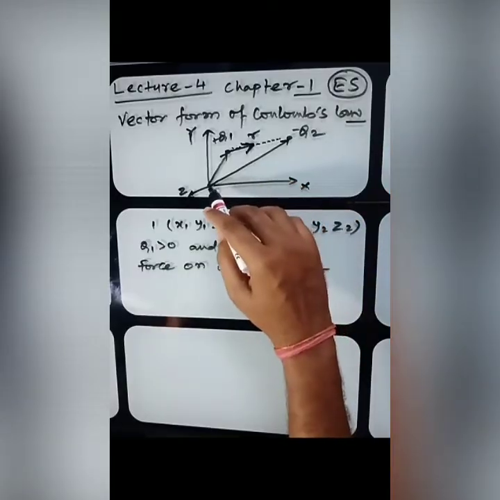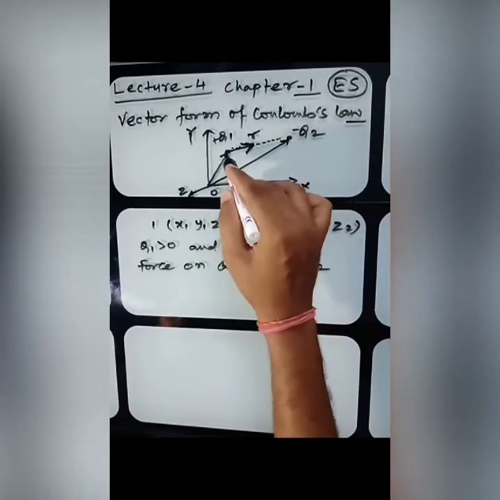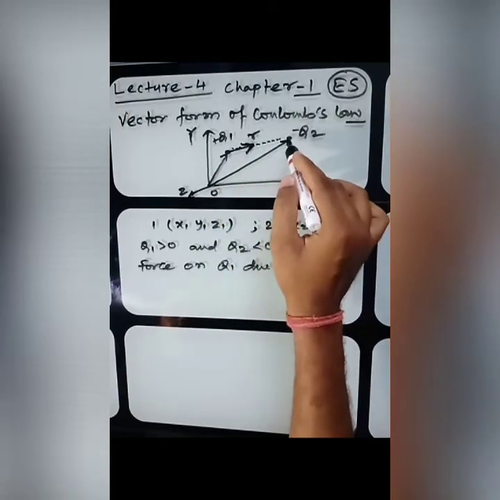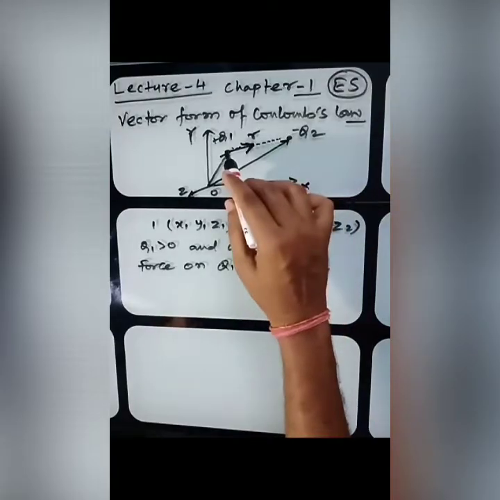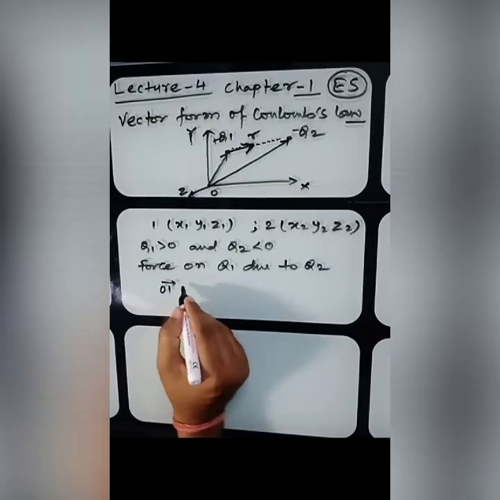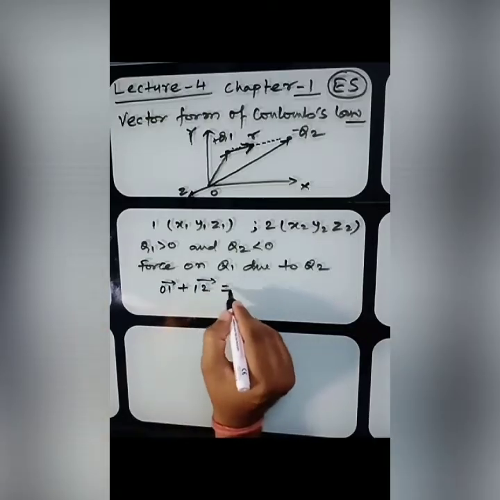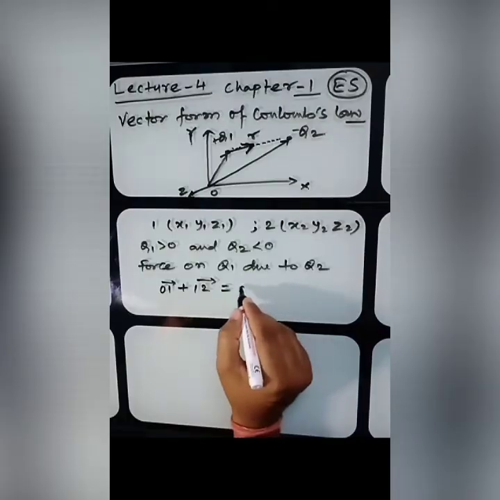Using triangle law, we can write this side: this point is considered as 1, this point is considered as 2. O1 plus 1,2 will be equal to O2.